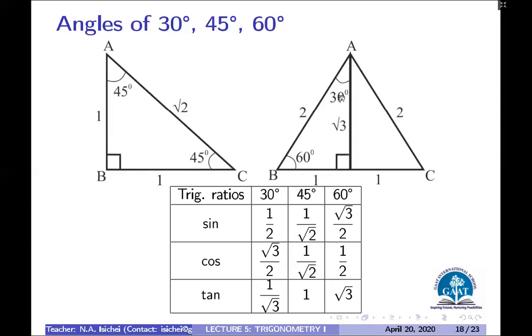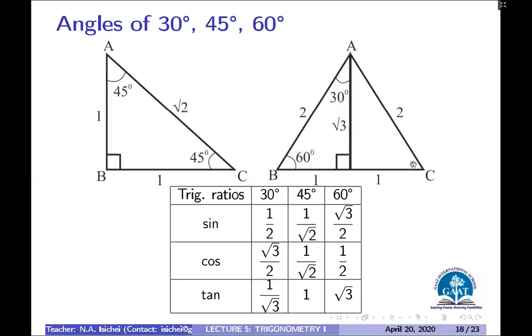Next, let's look at the triangle on the right side of the screen. Here I have an isosceles triangle that is divided into 2 congruent right angle triangles. Now looking at the right angle triangles formed, we have an equilateral triangle, not isosceles, equilateral.